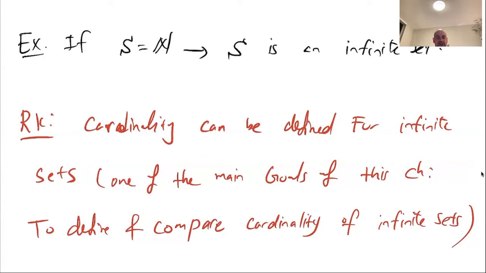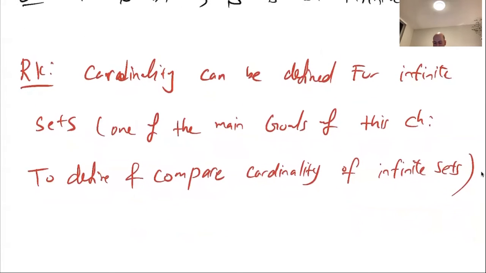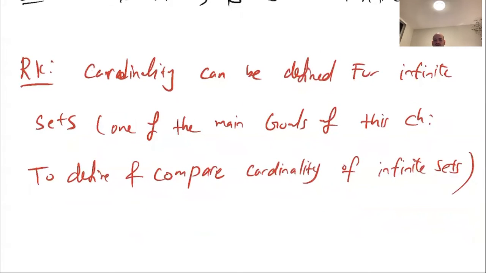The set of integers and natural numbers have exactly the same cardinality. But real numbers have a bigger cardinality compared to these two sets. So these are the things that we are going to define later, and we are going to develop tools and definitions to be able to compare two infinite sets. Okay, so that's what we are going to do later. For now, we are just doing some basic definitions related to sets.